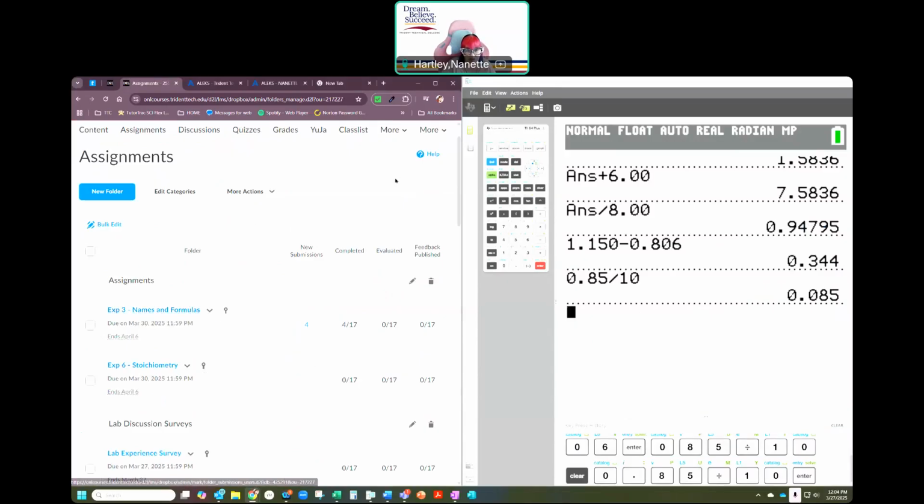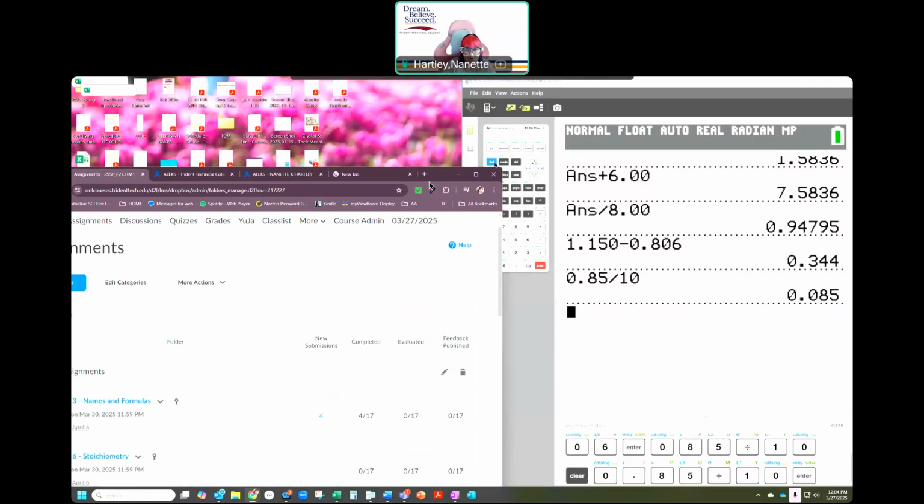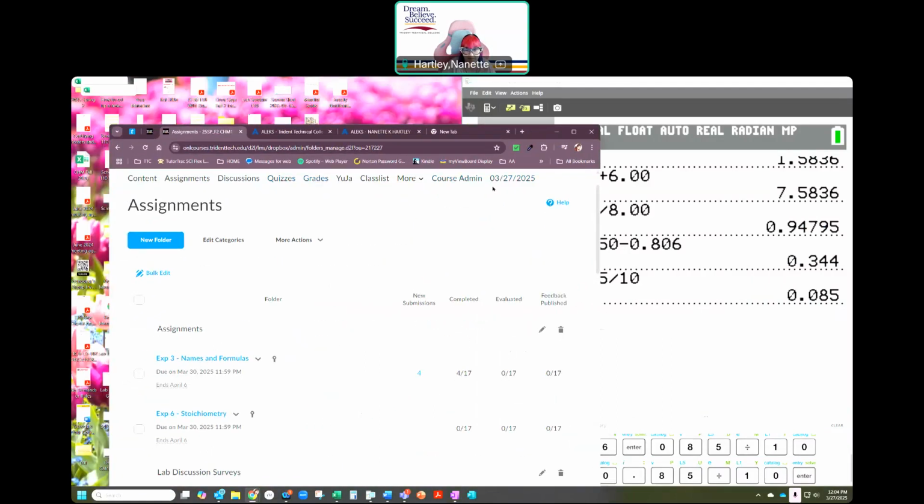So if you're in the student view, and let me actually go into the student view, if you'll give me just a second to move this so I can do that.